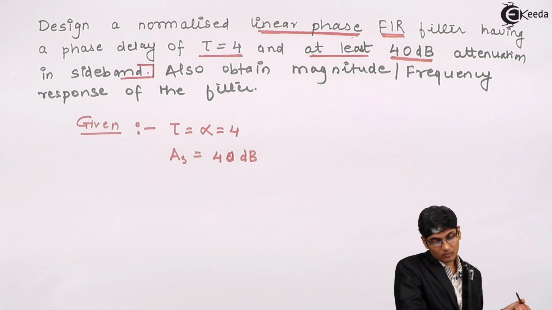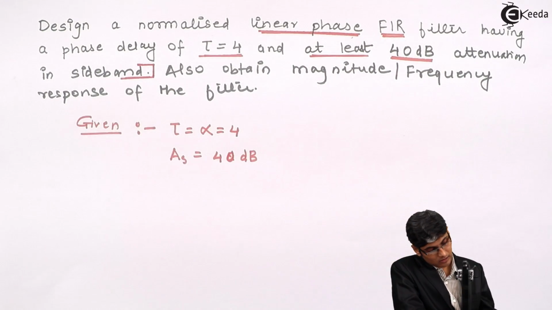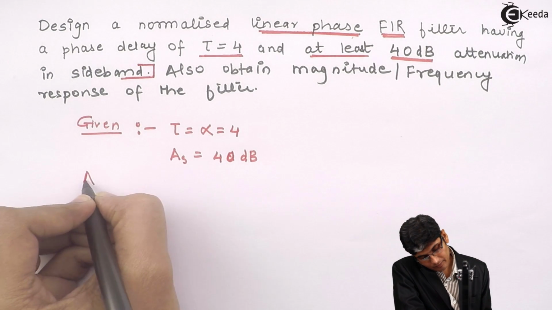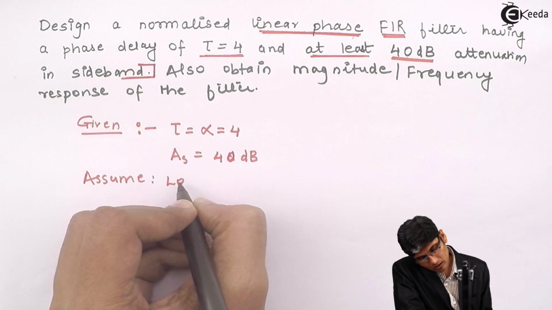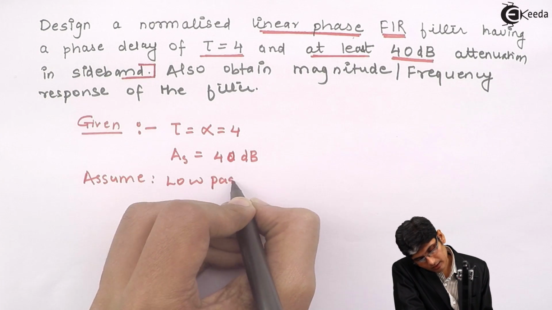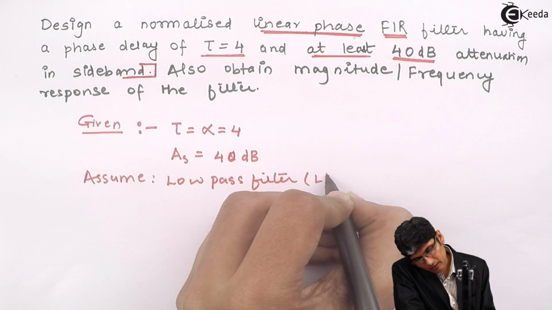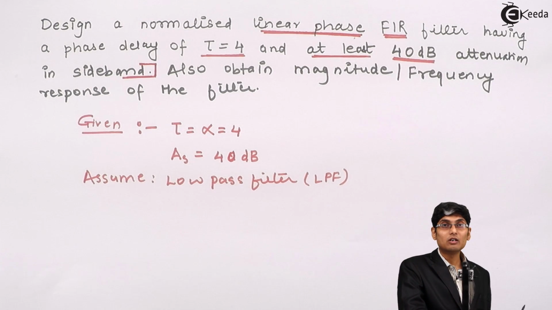Now how to go about this problem? First of all, one more thing which has not been specified in this: we will assume that we are using a low pass filter. So we will be designing a low pass filter only.